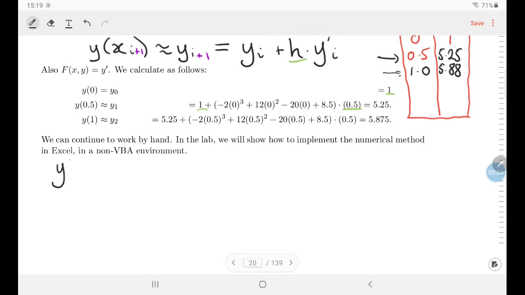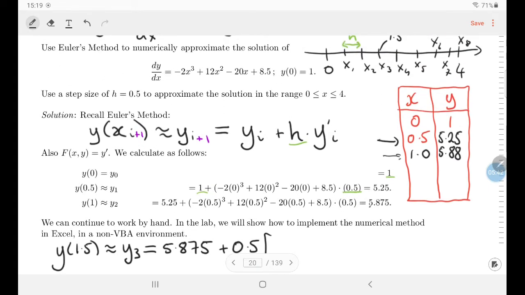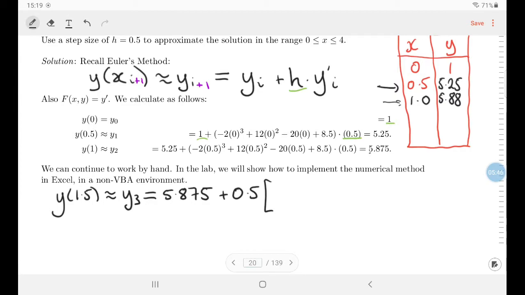We do y of 1.5, approximately the third y value, which is equal to the previous y value, which at this point is 5.875, plus the step size, which is 0.5 times the previous slope. The slope is this dy dx, and we evaluate that at the previous point, which is 1.